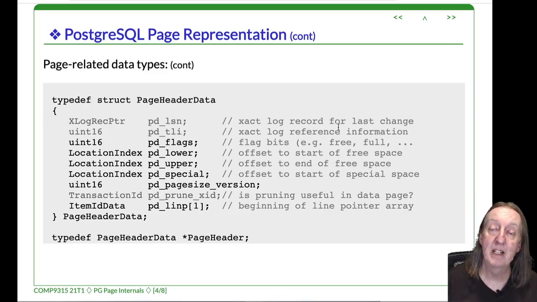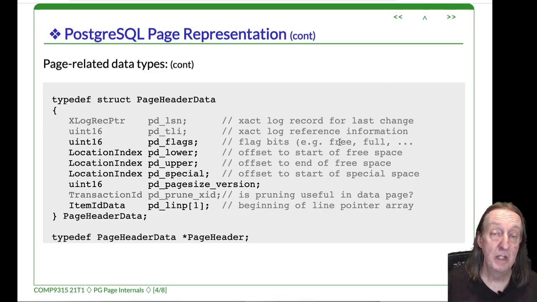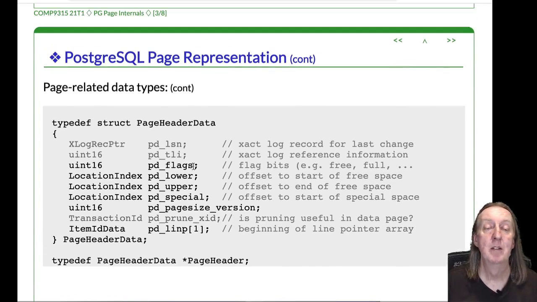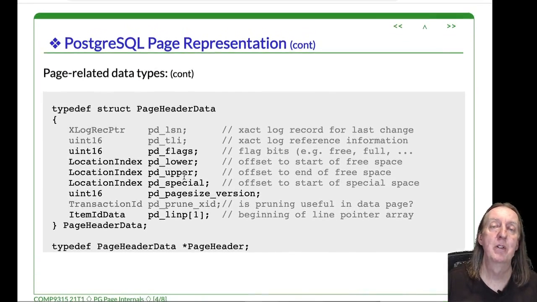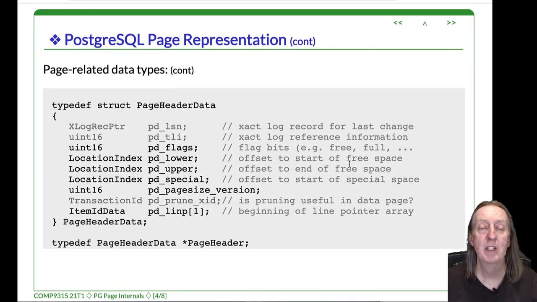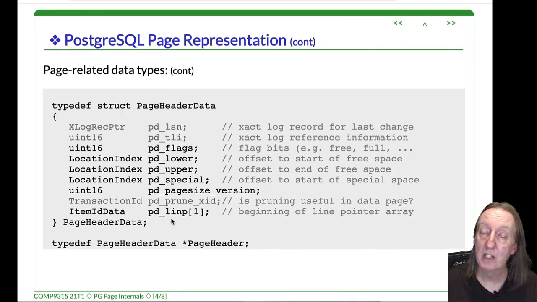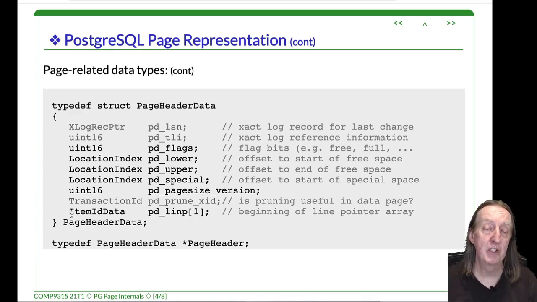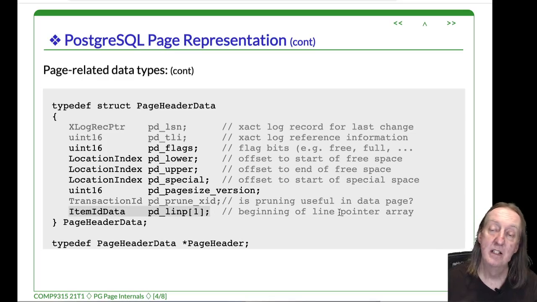Data types related to pages. We got things that'll tell us whether the page is full, for example, and we got the pointers to upper and lower, which we saw in the diagram, the offsets to the start and end of the free space, and various other information, including this tricky little definition here, which says the data, or the line pointer array, which is basically the information about each tuple, it seems to say that we've only got one entry in this array.